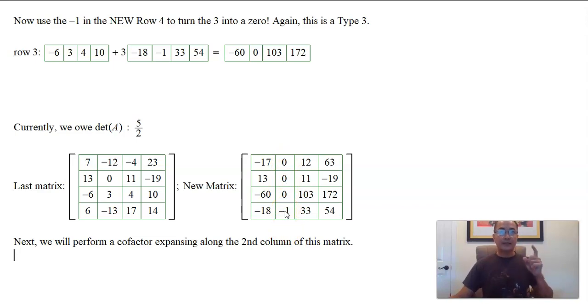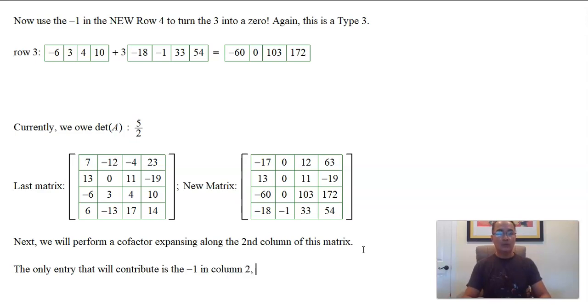Okay, so to do the cofactor expansion, we have to think of that checkerboard pattern. Okay, that's a plus, minus, plus, minus, plus. Okay, so the only entry that will contribute is the -1 in column 2, row 4. Okay, so check. 2 plus 4 equals 6.